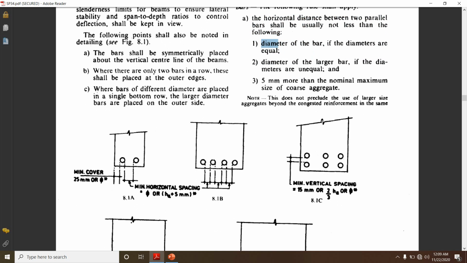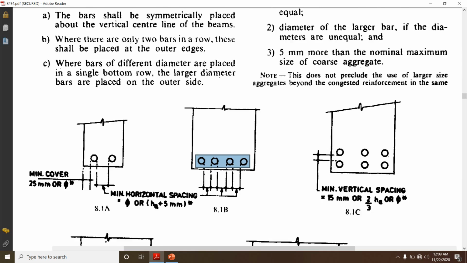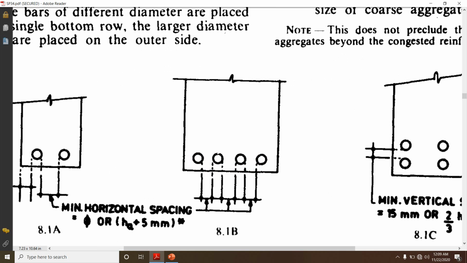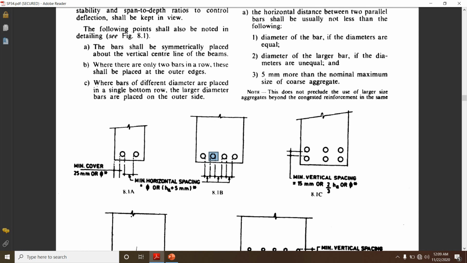First one is the diameter of the bar if diameters are equal. For example, in this figure all four bars are of the same diameter. The spacing between individual bars, for example between this bar and this bar, shall not be less than the diameter of the bar if diameters are equal.